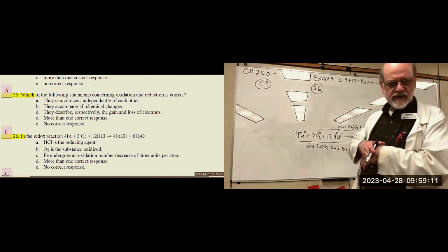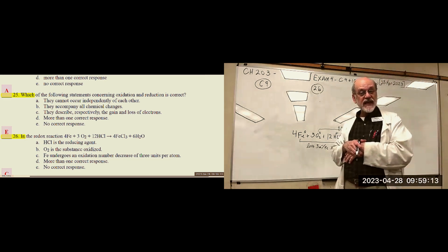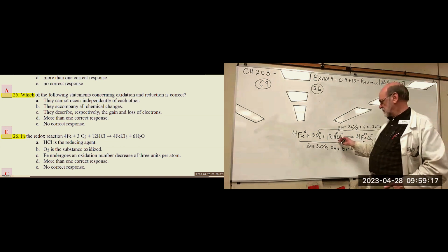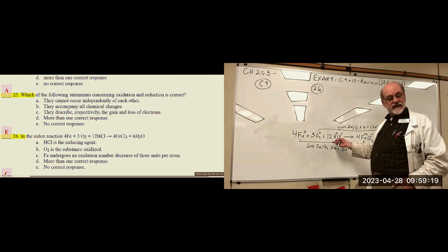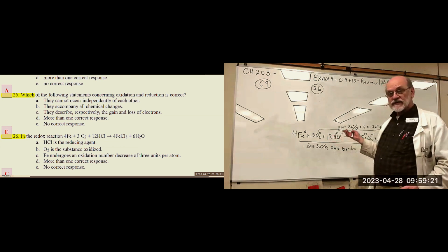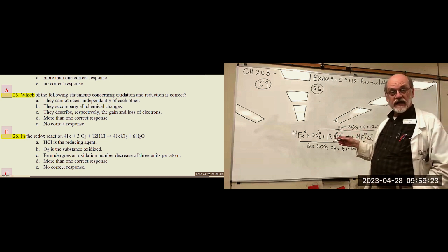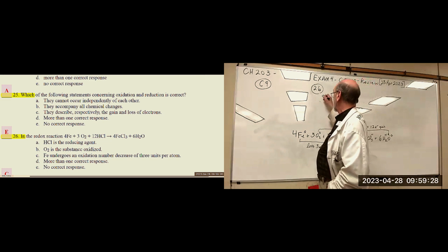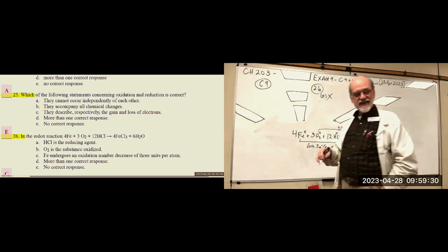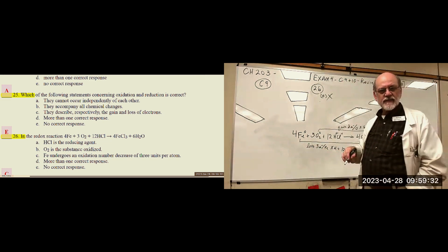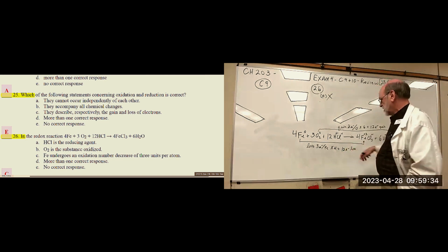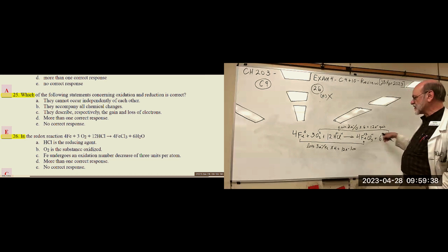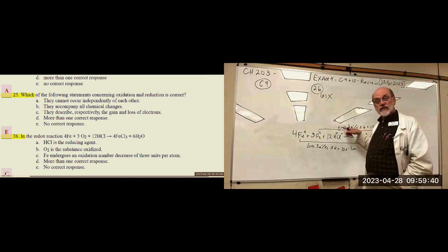26. HCl is the reducing agent. Did HCl do anything? No. HCl didn't do anything. So it's not an oxidizing agent. It's not a reducing agent. It's nothing. So A's wrong. How about B? Oxygen is the substance oxidized. Oxygen went from 0 to -2. No, it was reduced.